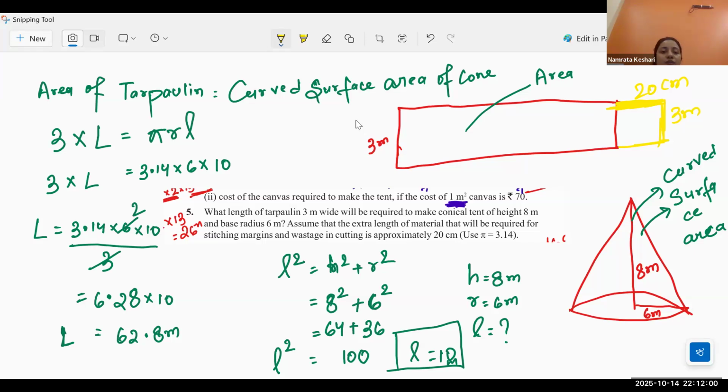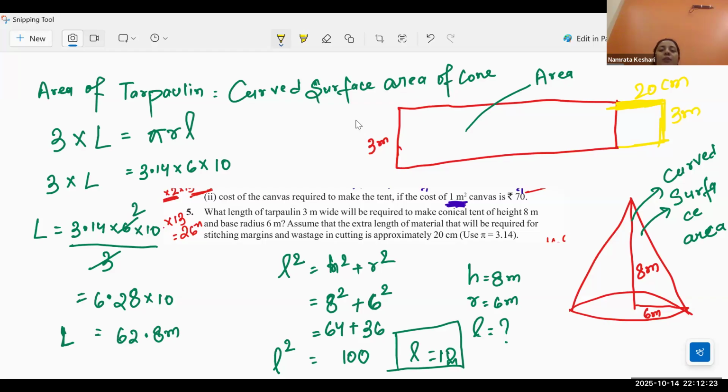Okay, and what we were supposed to find over here was the complete length of the sheet. So we are able to see the part which is going in wastage, that is fine, but the part which has been used to make the cone, that length is 62.8, right?